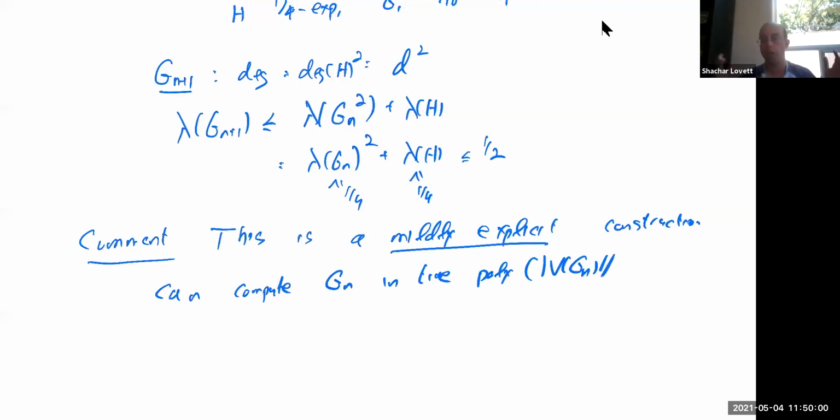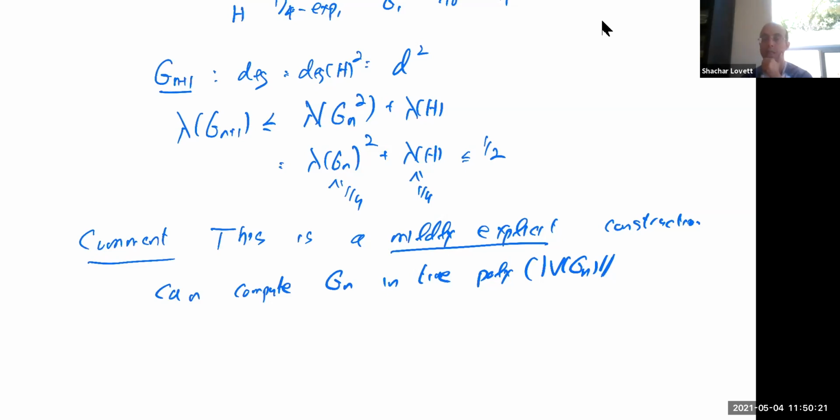So if I want to output the adjacency matrix, I can do it in polynomial time in the size of the output. But for some constructions, what you really need is what's called a strongly explicit construction, which means that given a node, I want to find its neighbors in time polynomial in the size of the node, so polylogarithmic in the size of the graph.